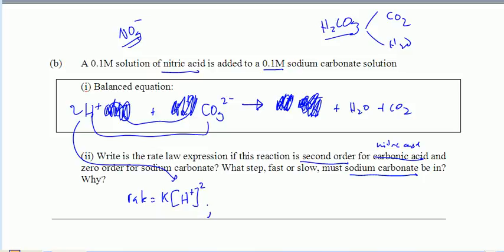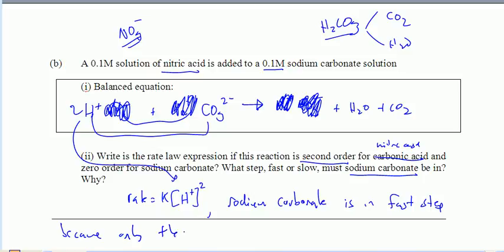Okay, so this means that sodium carbonate is in the fast step, because only the slow step affects the reaction, and if only the slow step affects the reaction, only the slow step is in the rate law.